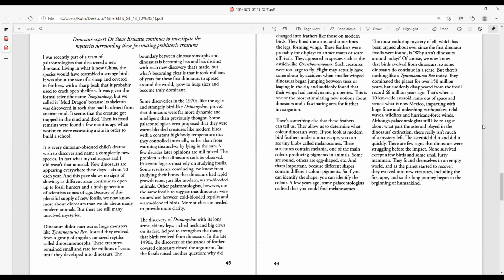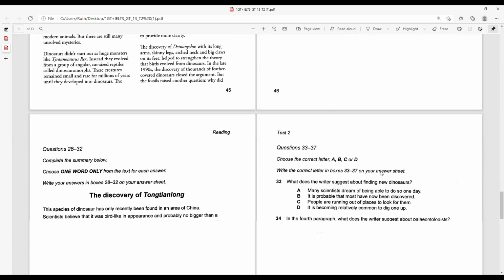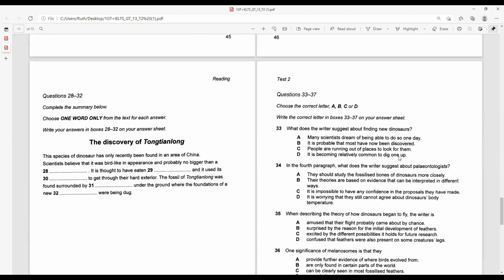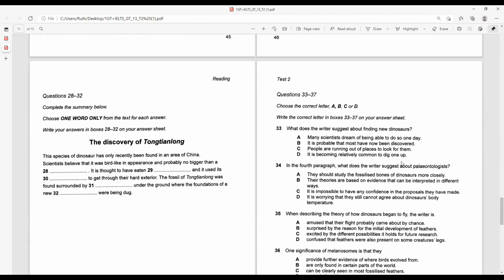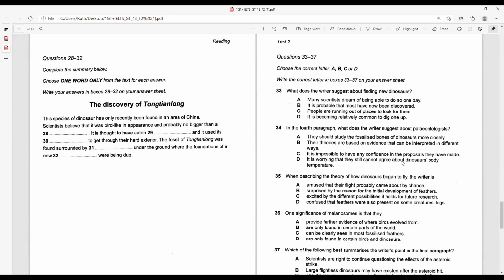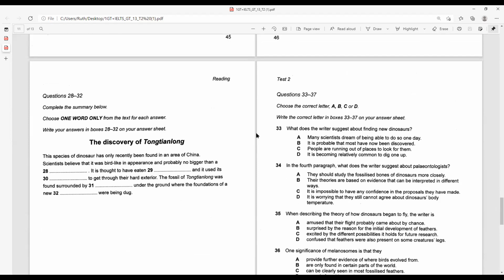See that you don't spend a lot of time on them. Are you guys stuck with this question type? Which question are we doing? 34. 34B. B for boy. 34 is B. That's the answer.